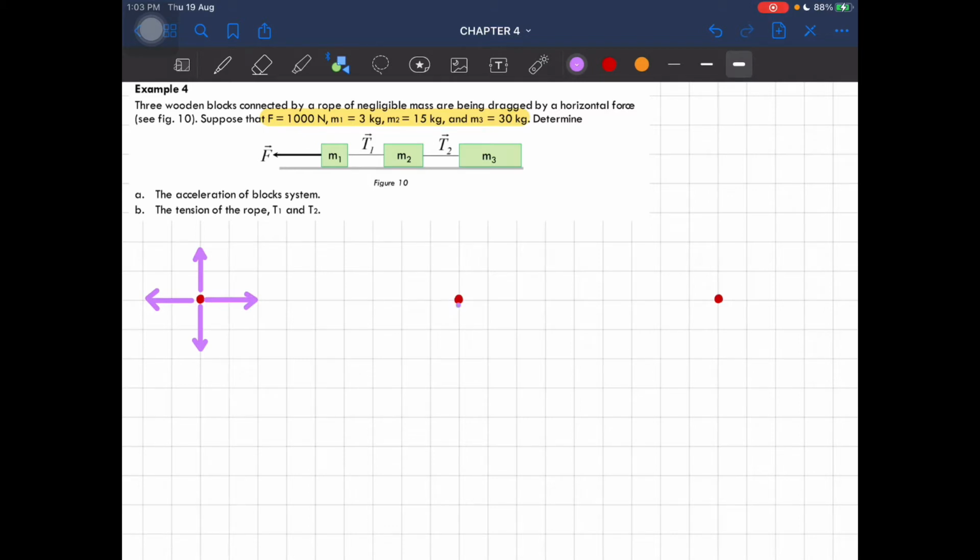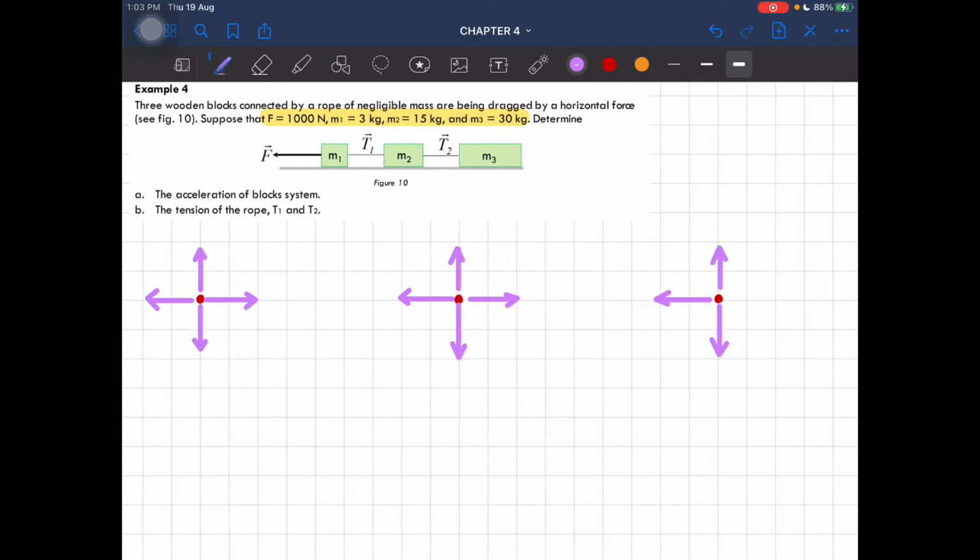Then let's look at M2. It has weight, gravity pull, and then pulled by T1 and T2 as well. And then it has the normal force. And then let's look at M3. Same thing, weight, and then tension, and then normal force.